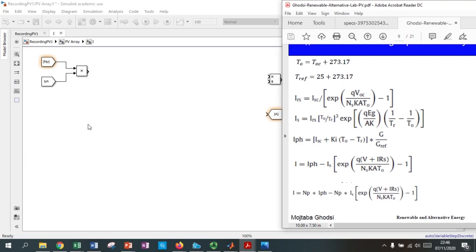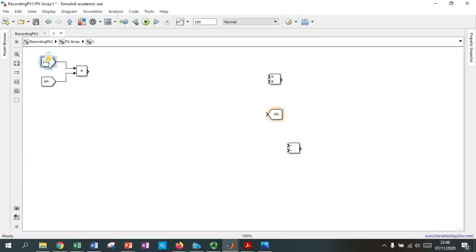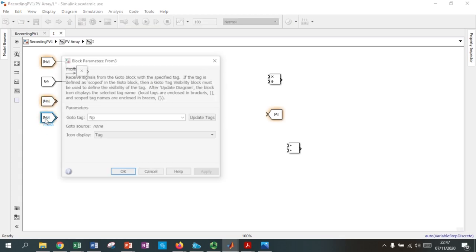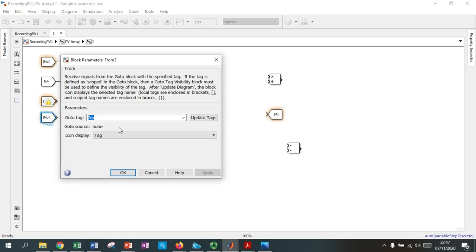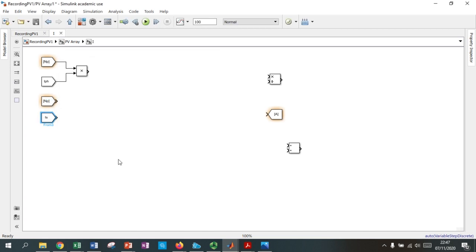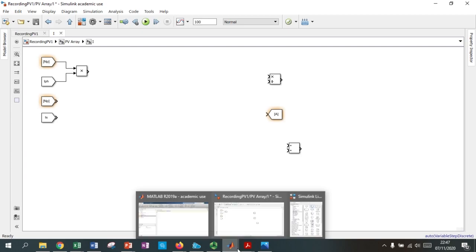Then we should use this NS and V. Then this is the NP. We need another one which is equal to IS. This is the IS value. Then they will go through the NS IS.